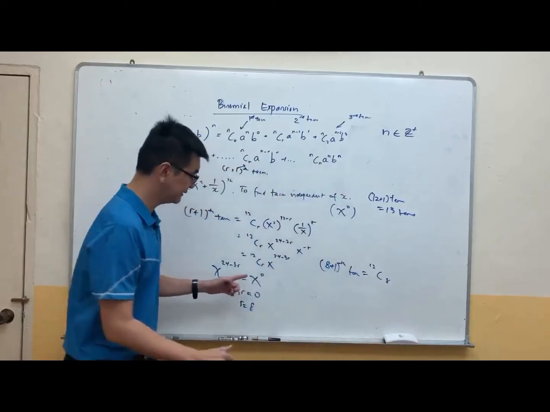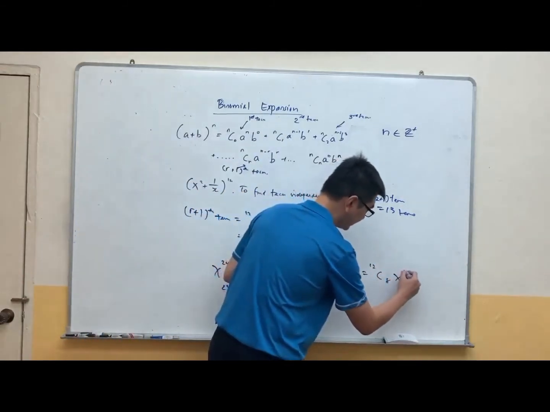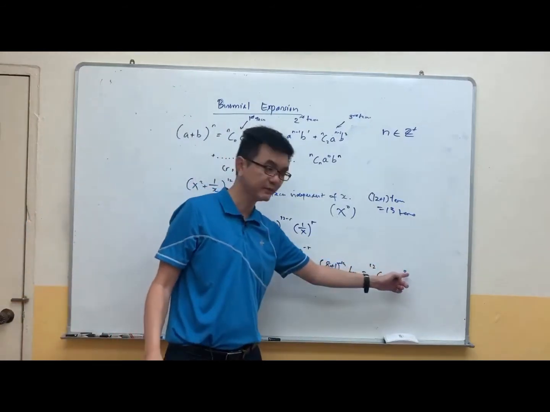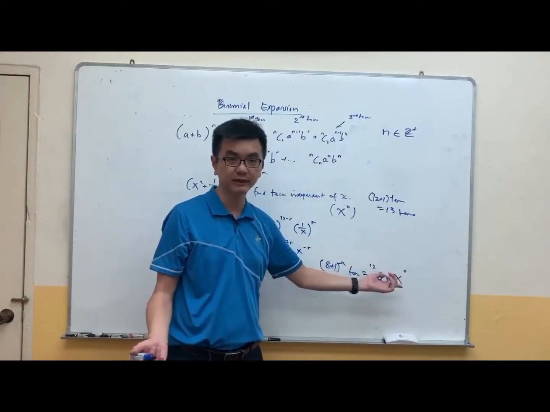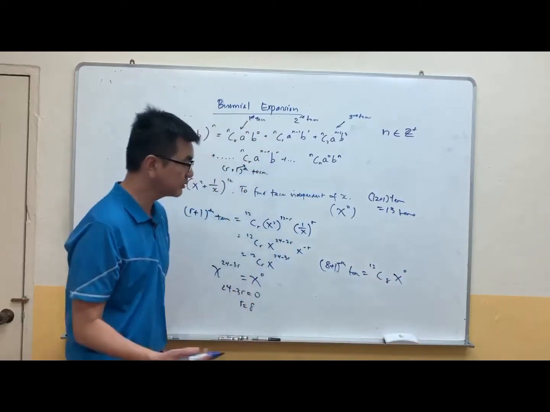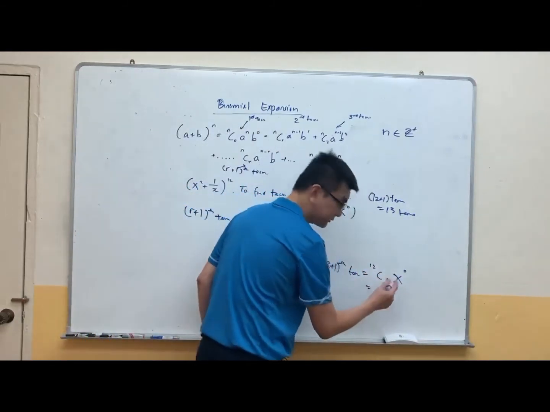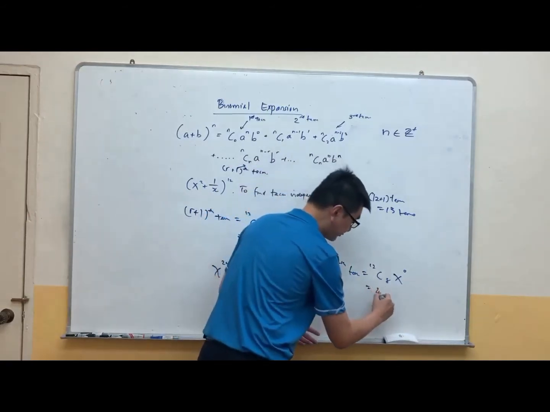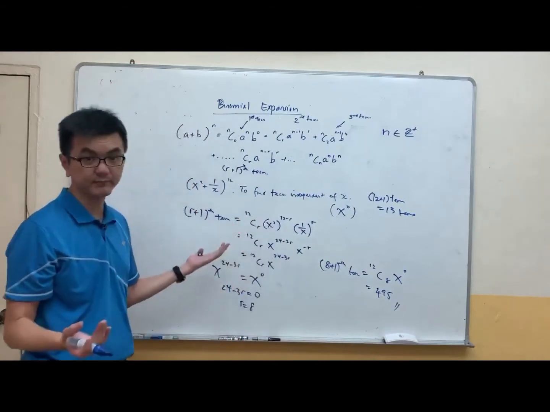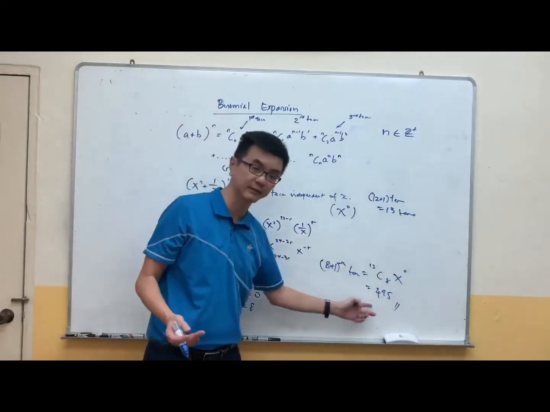The x will be x to the power of 0 since I've already equated the power to 0, so you can leave it out if you decide not to write it down. So 12C8, you can press the calculator, and you get 495. This is the term we're looking for, independent of x, a constant term.